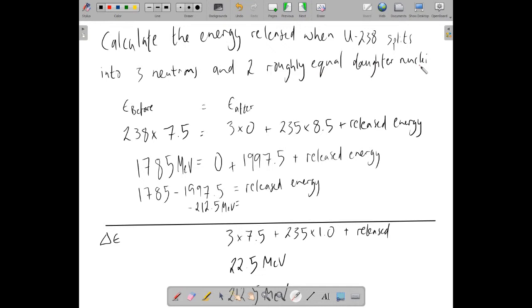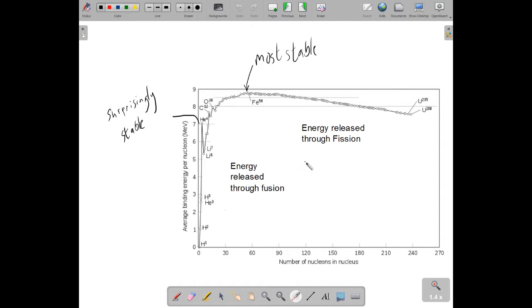Now, to do this, I'm going to look at the curve, and these are the basic ideas I had. I had the 3 nucleons here. I had the surprisingly stable here. I had the most stable here. This is iron. And then I had the large nuclei here.